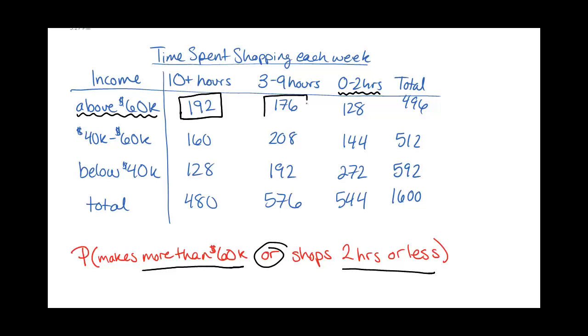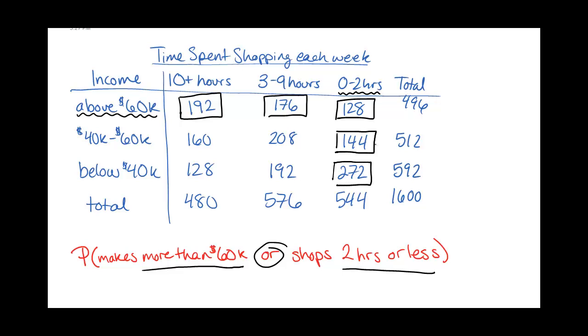Same with this 176, same with this 128, same, and of course the total there would be 496, so we don't want to double count that. So all of these people in the boxes make more than $60,000, and so they would qualify. At the same time, anyone who shops 0 to 2 hours a week would also qualify, so that would be 144 and 272.